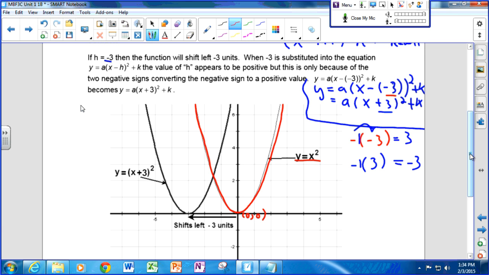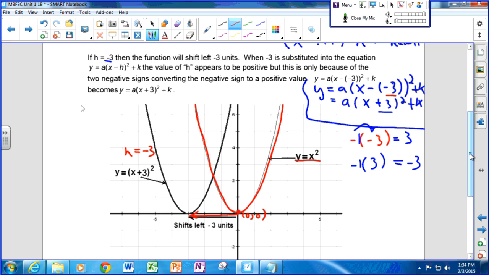So what's happened here? Remember that our h value is going to be negative 3, and what's happened is that the x coordinate of our vertex has shifted negative 3 units to the left. And that's the bottom line, is that whatever h value is, that's how much it shifts the parabola left or right.